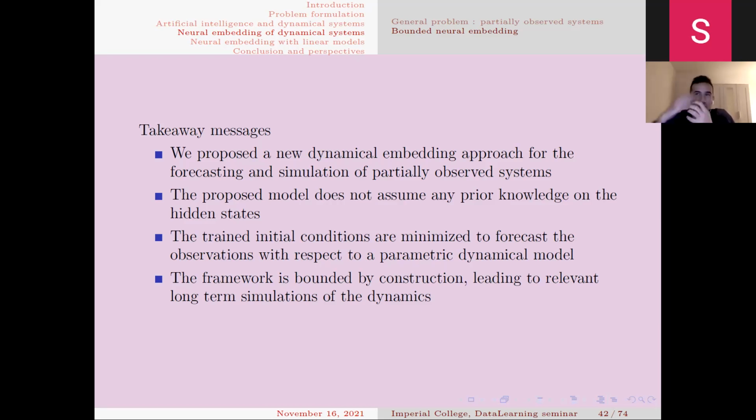They are here to explain the variability of the observations. So they are intrinsically linked to what we do not observe. Also, the framework is bounded by construction, leading to potentially relevant long-term simulation of the dynamics, and I will talk about that potential in the perspectives.